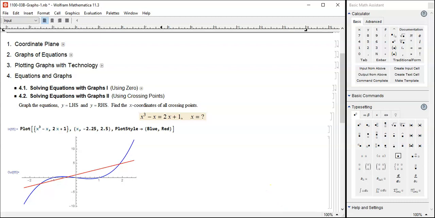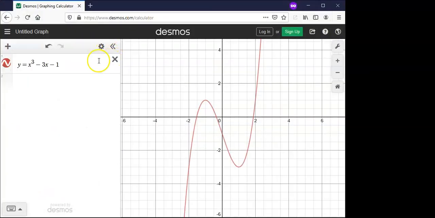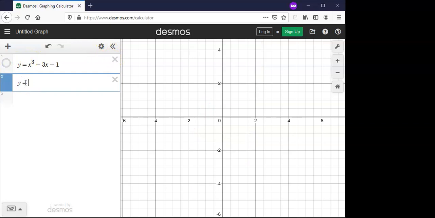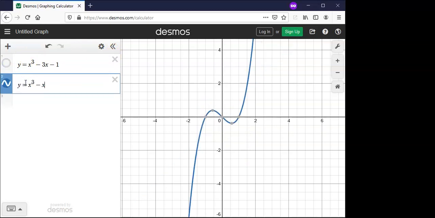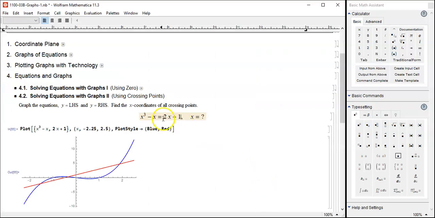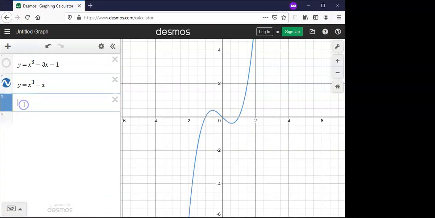Let's go back there. x cubed minus x. Okay, all right. y equals x cubed minus x. Okay, there goes one graph. That's good. And 2x plus 1. y equals 2x plus 1.